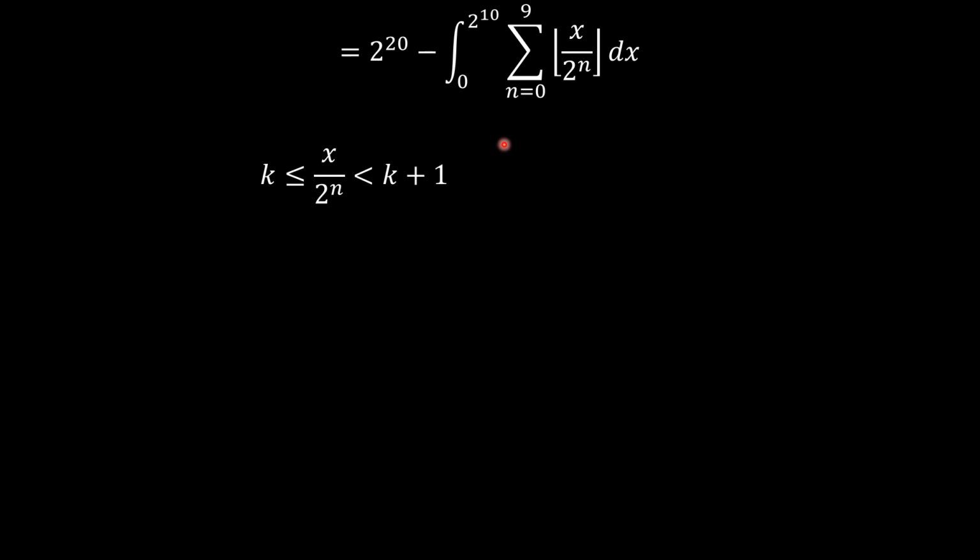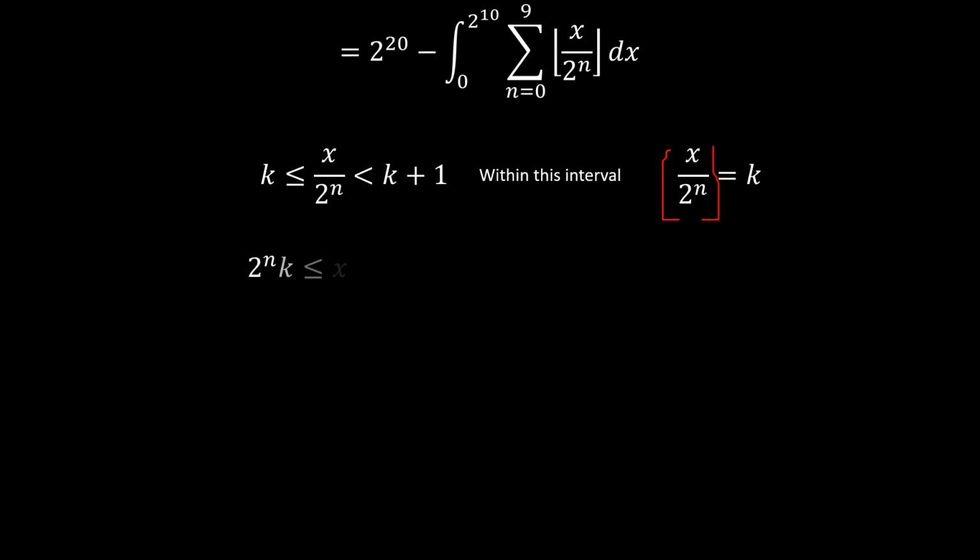Looking at the floor function, what a floor function is essentially is a function that is constant between two integer points. So for example, between two integers k and k plus 1, x over 2 to the power n in this regime means that the floor function is k, right?